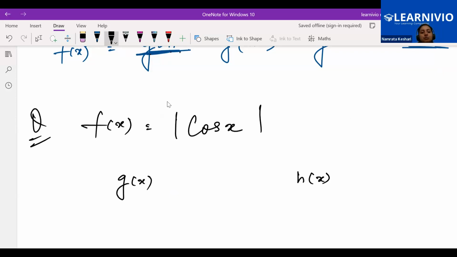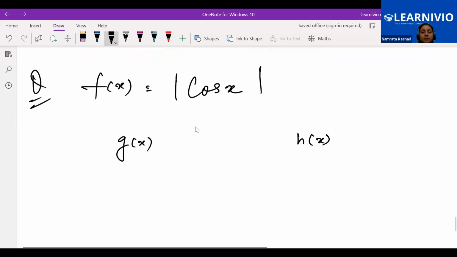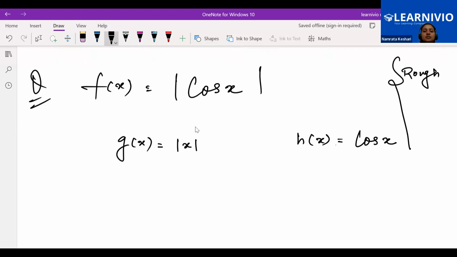Here also we have to show that it's a continuous function. g(x) can be modulus of x and h(x) can be cos x. Is it so? Then in the rough part, we will check whether the composite function is the given function or not. So we are going to check it in the rough part, that is g of h(x).